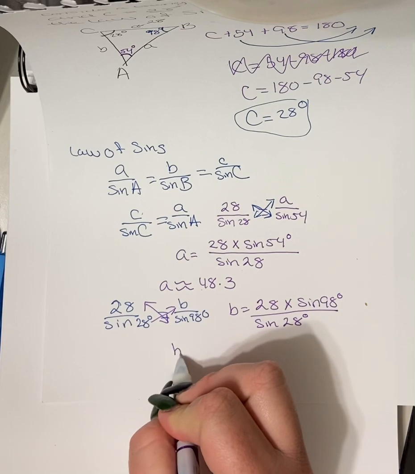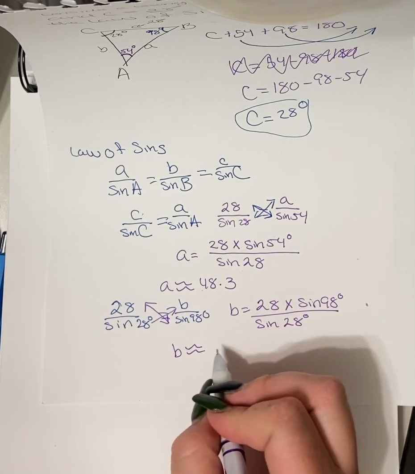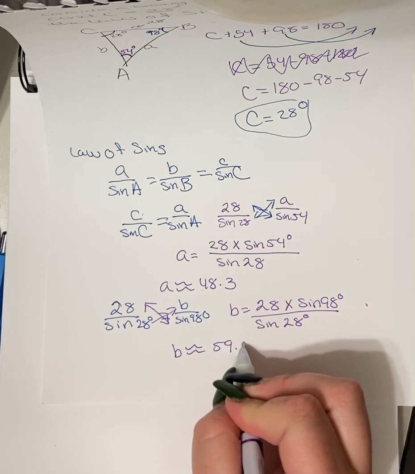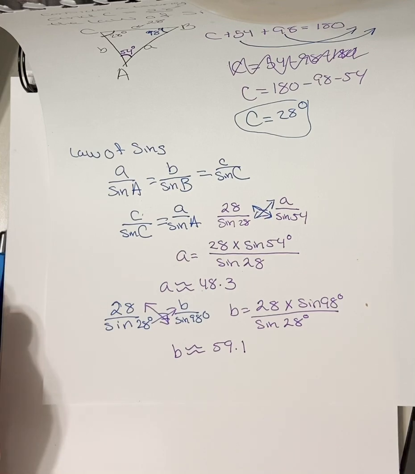So B is going to be approximately equal to, that's what the little squiggly line's about, 59.1. I hope that I explained this well for you.